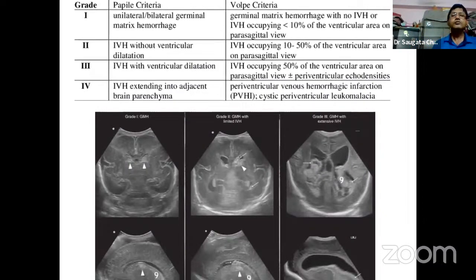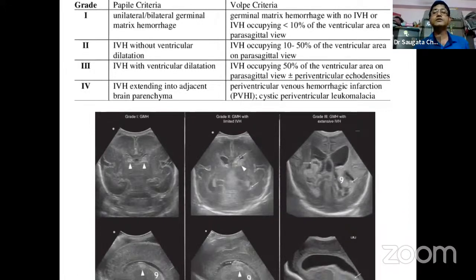Now, I think everyone knows the IVH classifications. I don't want to go into details because I don't have much time to explain. So grade 1, everyone knows, grade 2, grade 3, and grade 4 is not at all called IVH now.